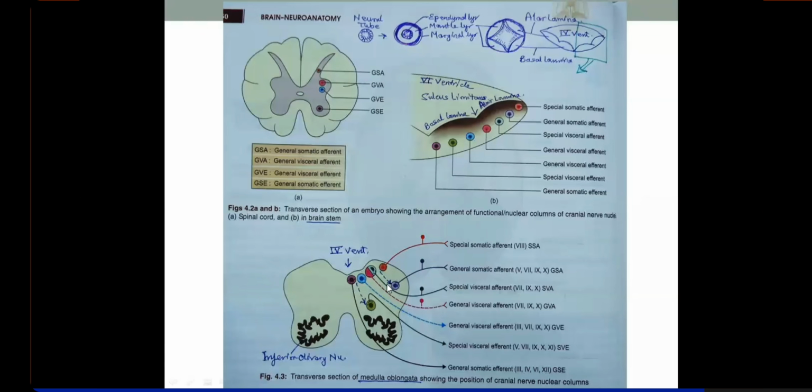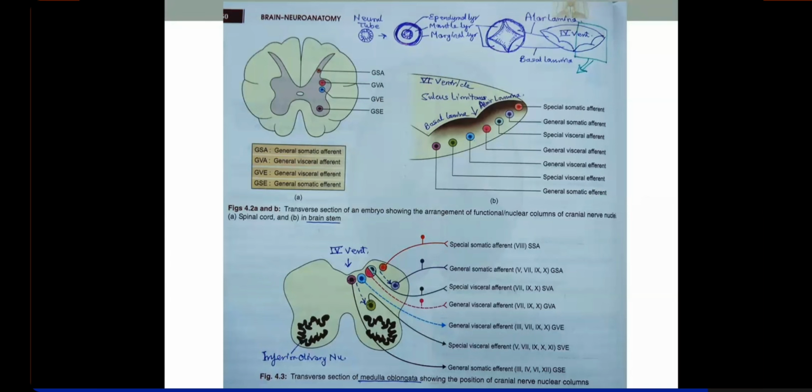And special somatic afferent means special sensations हैं, कौन से हैं? Vestibular हैं and auditory हैं. The two impulses, both are being carried from the internal ear. And can you tell me the receptor for kinetic balance and static balance? From the semicircular canals, right?